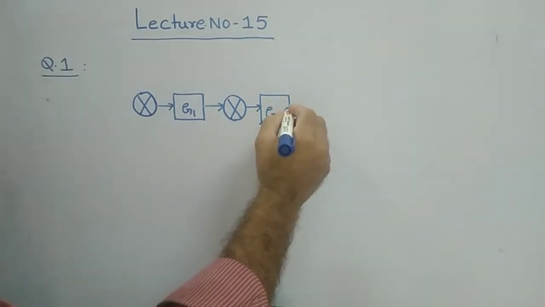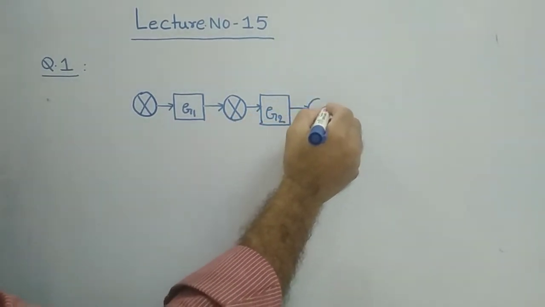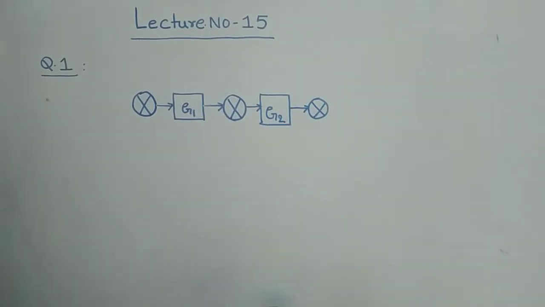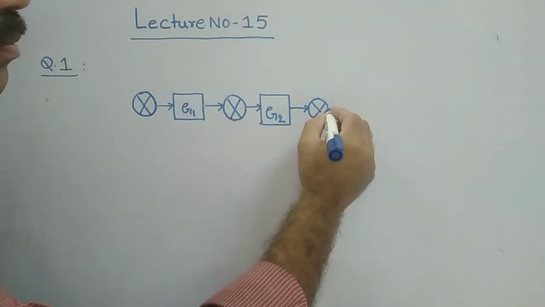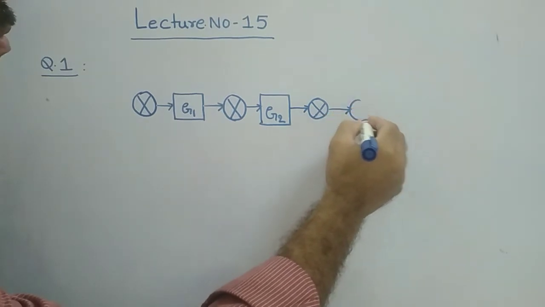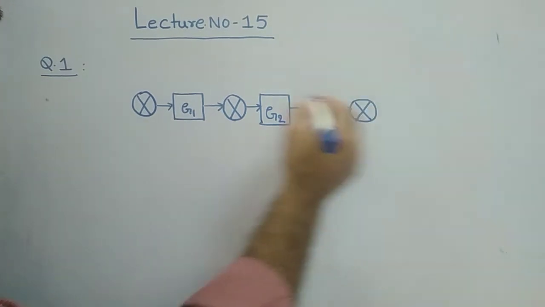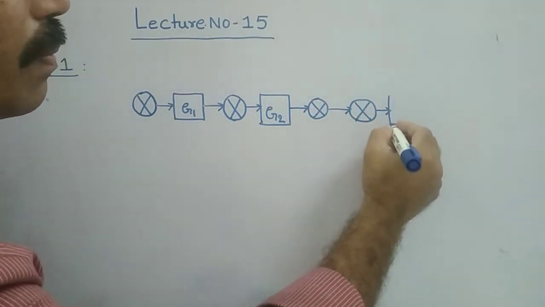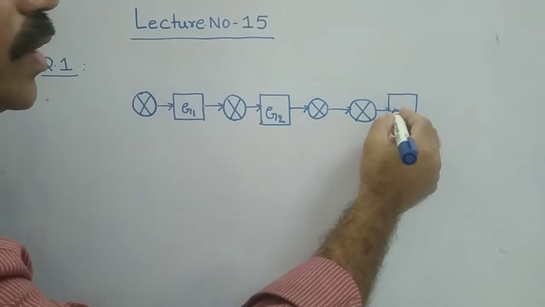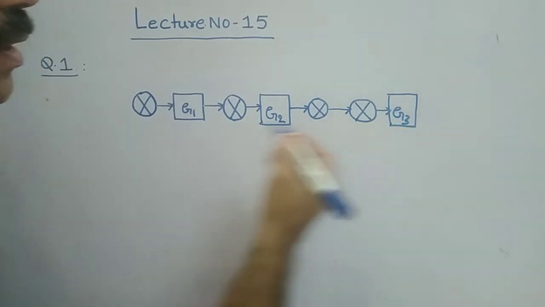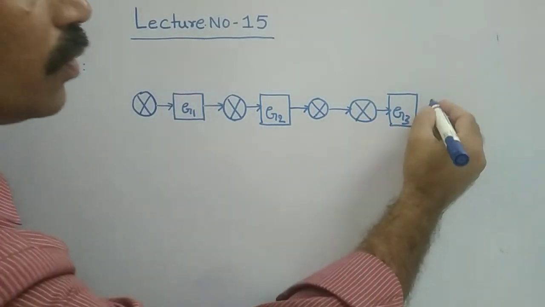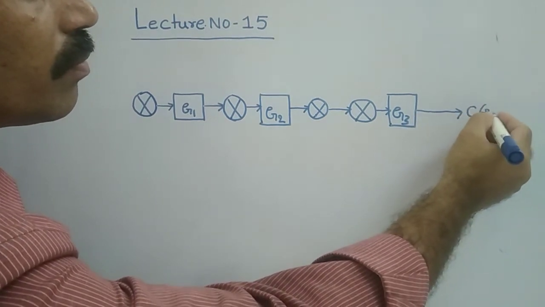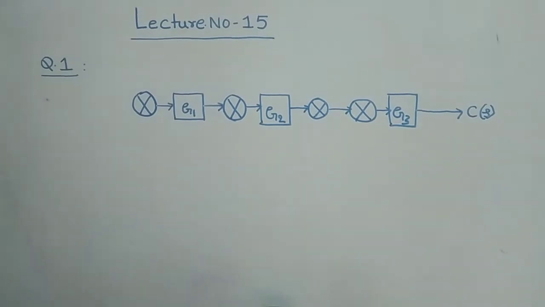And after that, you have one more summer, summing point. And after that, you have one more summer again. And after that, you have G3, that is gain G3. And after that, you have your C of S. This is your output C of S.